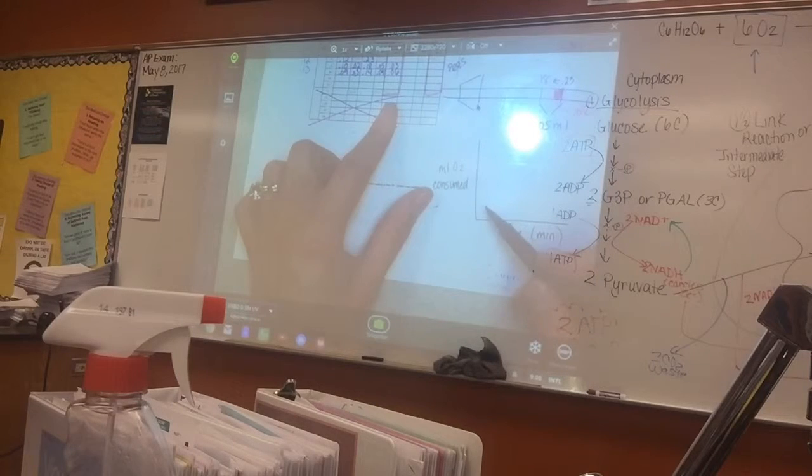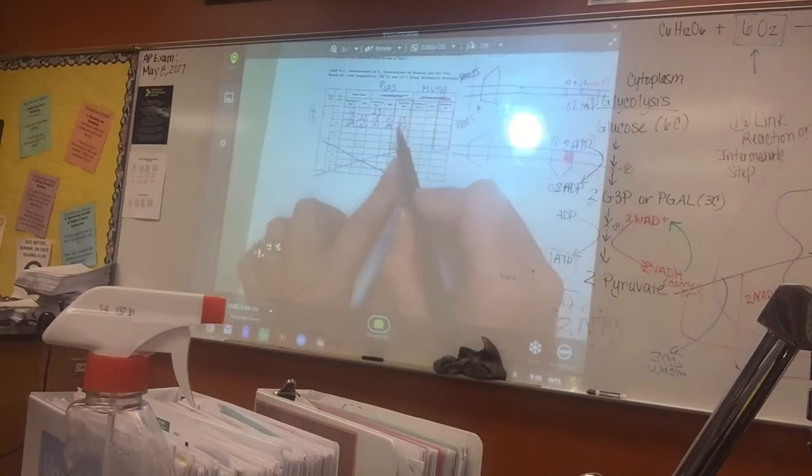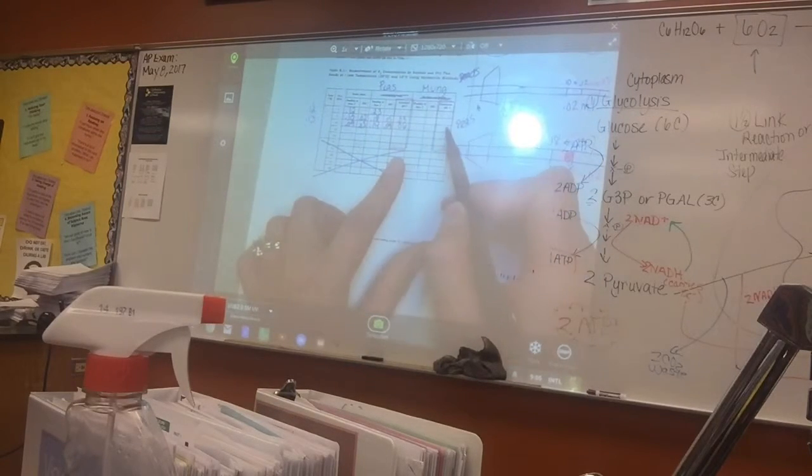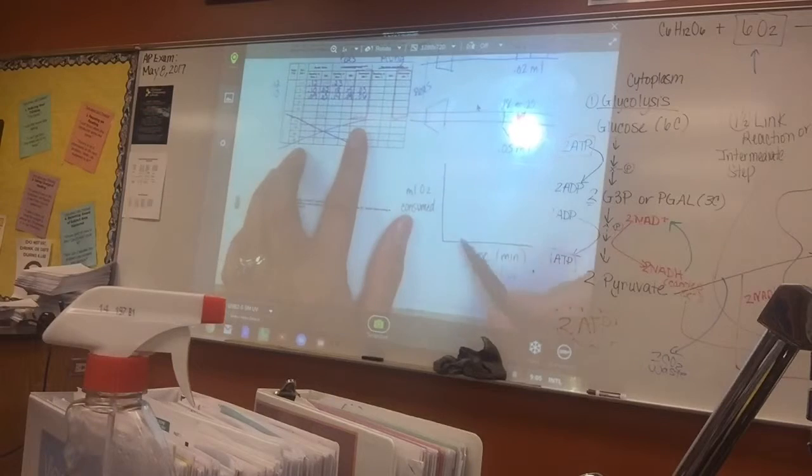And then you can make two lines, and I want you to do best fit lines for your two different kinds of peas that you used. We don't need to graph the beads because we're studying cellular respiration. The beads are not doing cellular respiration, so you do not graph the beads. You're just graphing two lines for your two seeds.